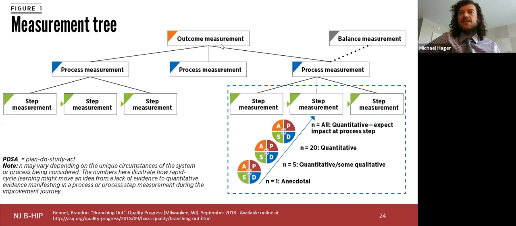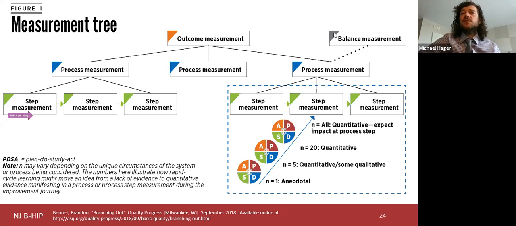So here you can see the pictorial representation of what I just said. We have our viral suppression measure at the very top. Then we have our process measures around screening, referral, follow-up, and then step measures, the things that go into those process measures.